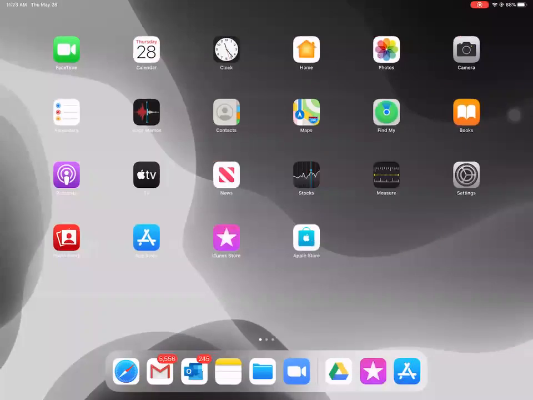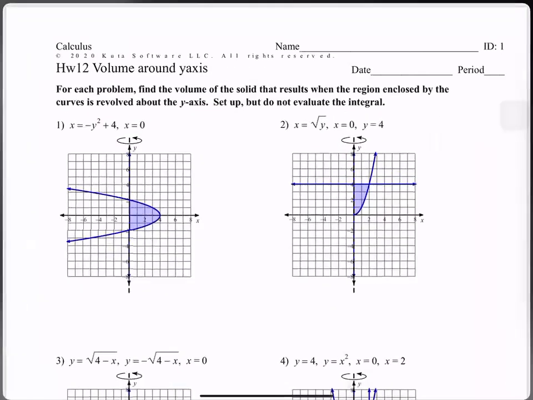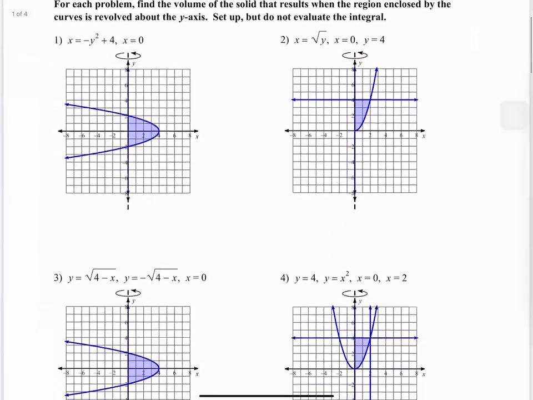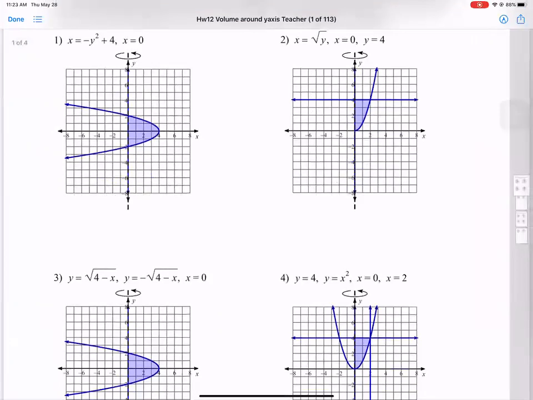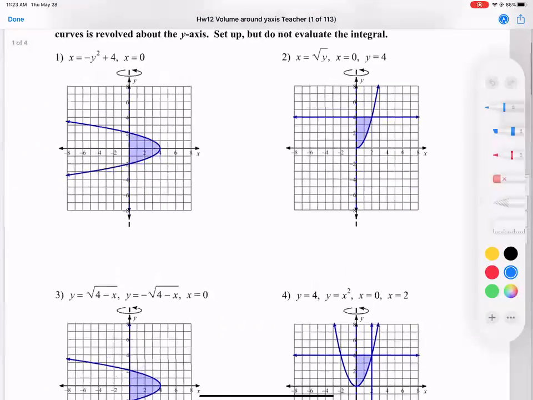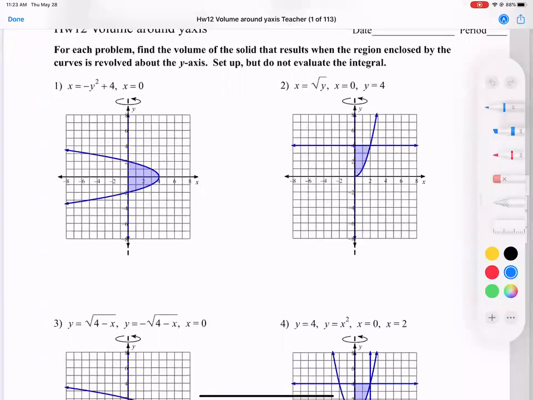Let's see, I have my file here. And you can see on these problems, that I'm spinning along the x-axis going this way. So if I'm spinning going that way or this way, what's my r? My r is an x value.